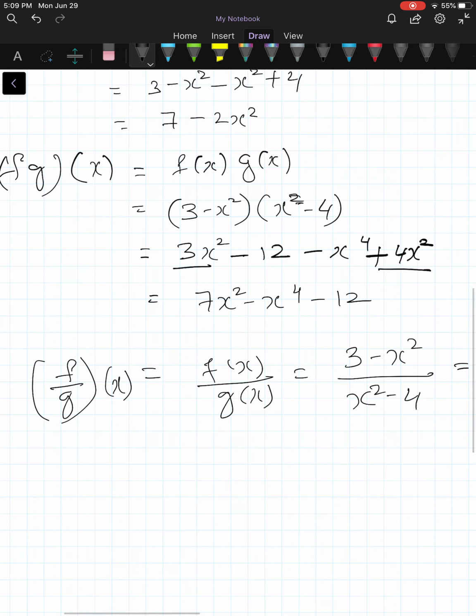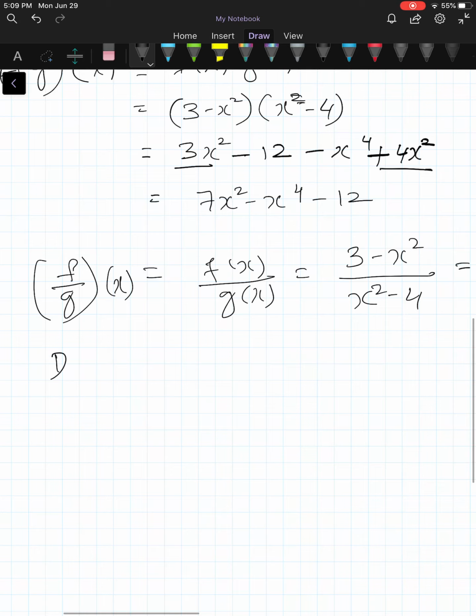The domain for everything up to the product is just A intersection B, that is domain of F intersection domain of G. Let us find the domain of F. The function is 3 minus x square, and x can take any real number as a value.